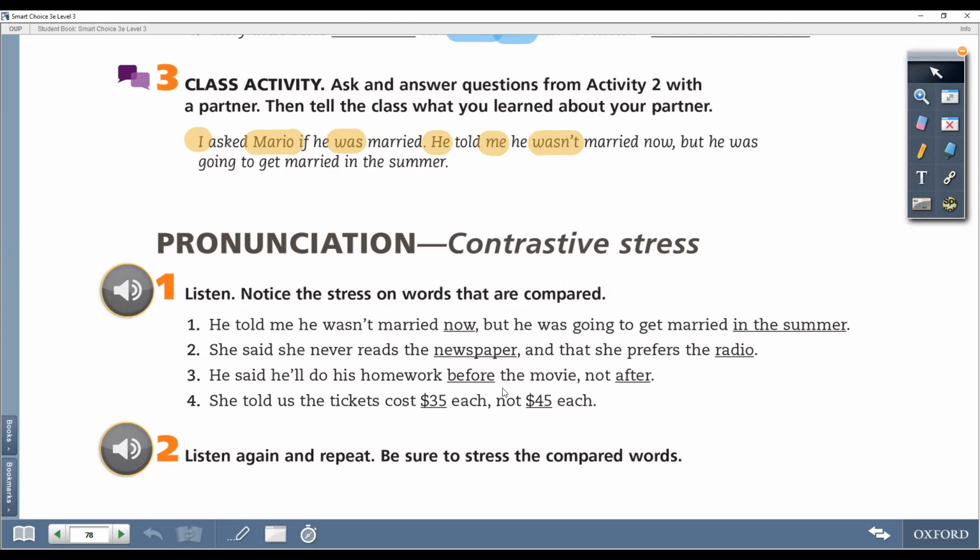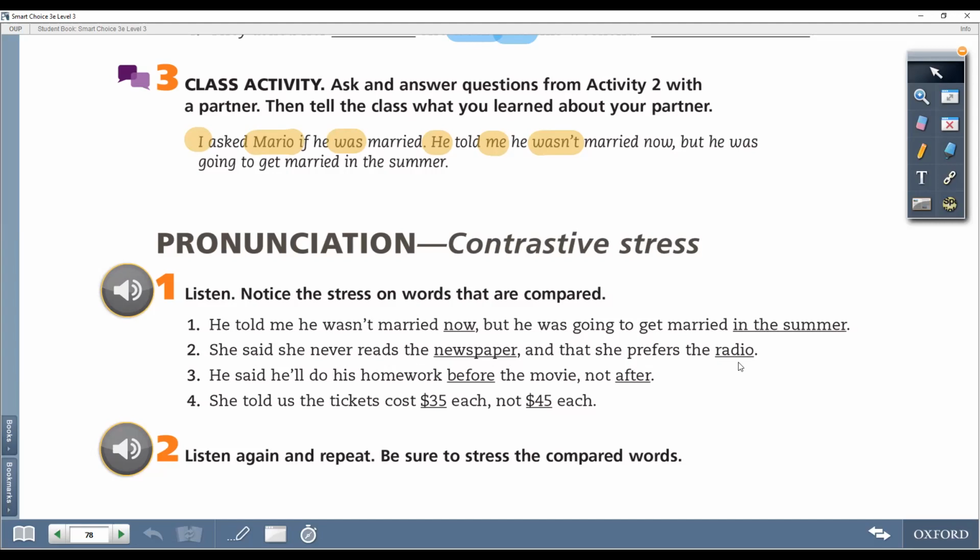Here we are comparing, we are contrasting now and in the summer, two different moments. So usually when we speak, we emphasize these words. So we say like this, he told me he wasn't married now, but he was going to get married in the summer.